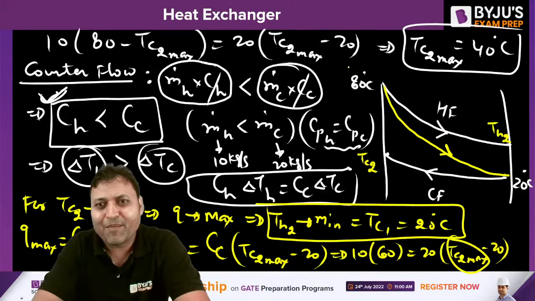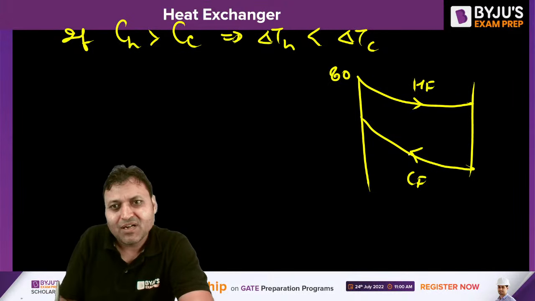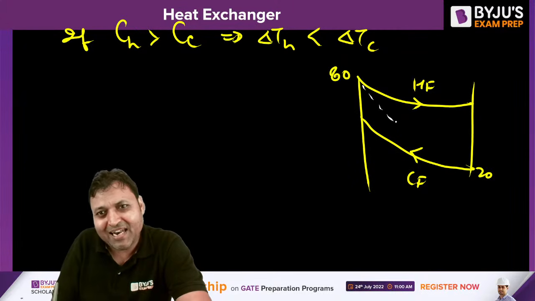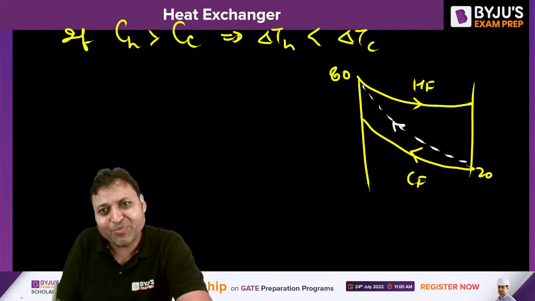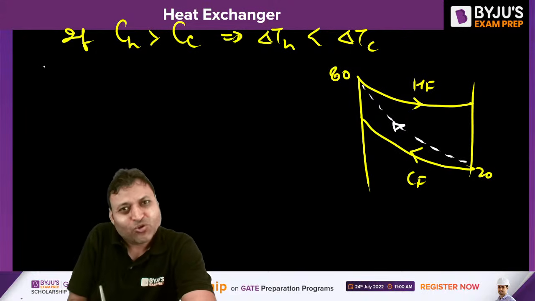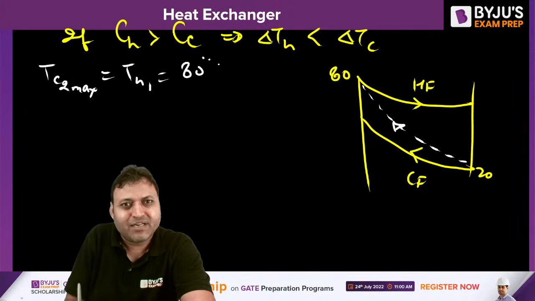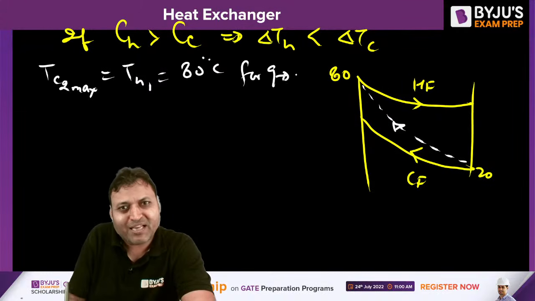Hot fluid entry temperature is 80 and cold fluid entry temperature is 20. In this case, the maximum value of Tc2 should have been Th1, that is 80 Celsius, for Q to be maximum.